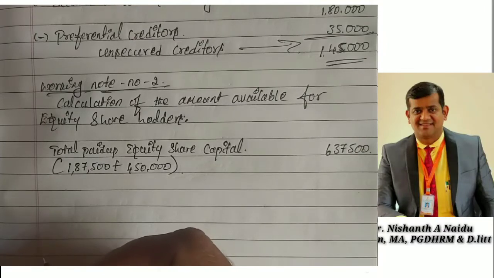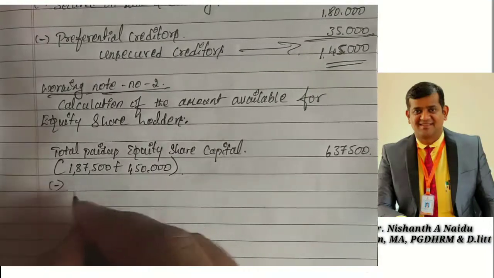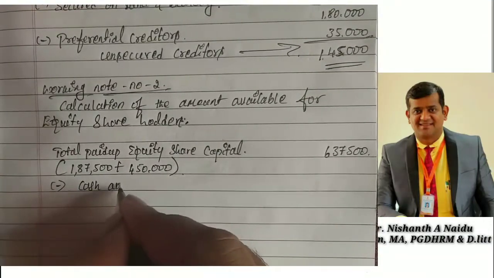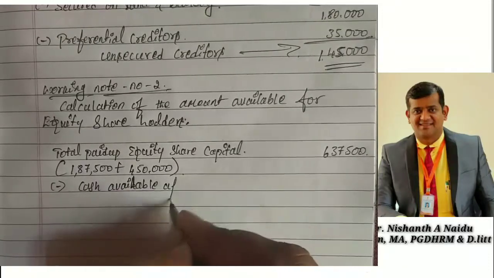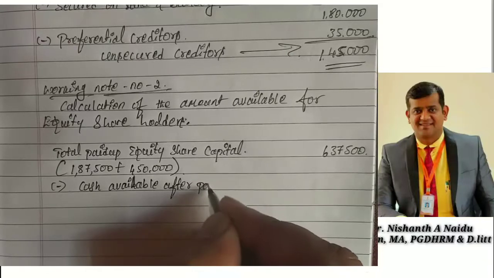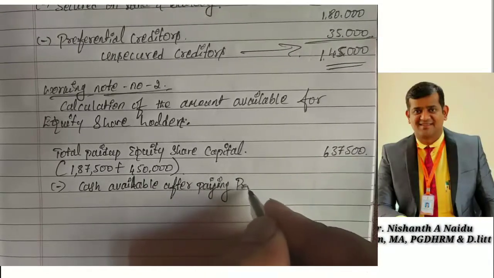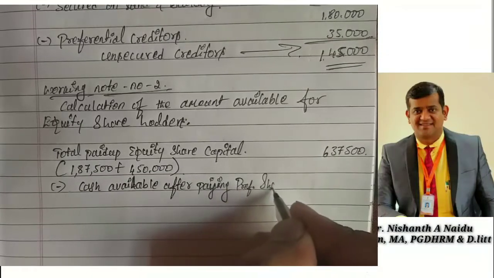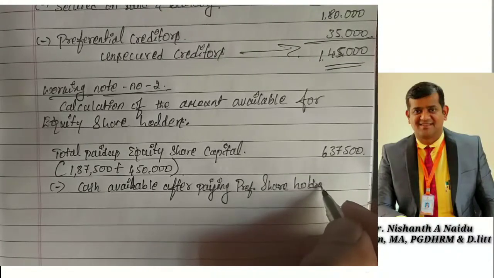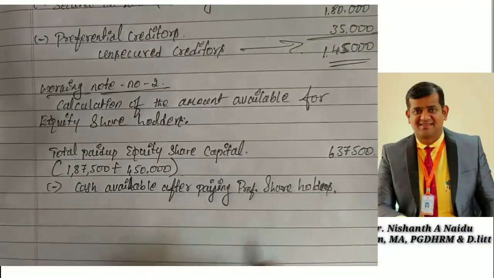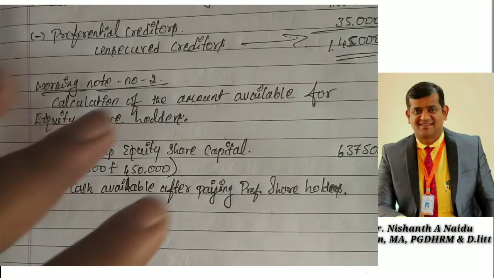So next, less cash available after paying the preference shareholders. After paying them, we have got 37,850 rupees.